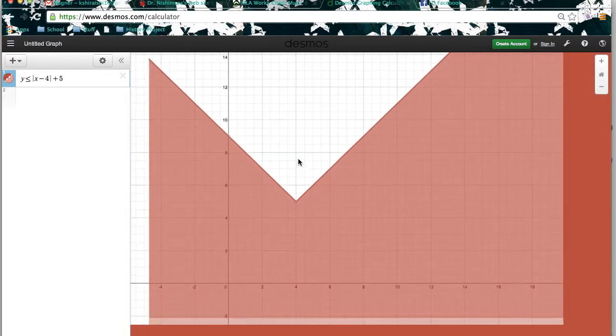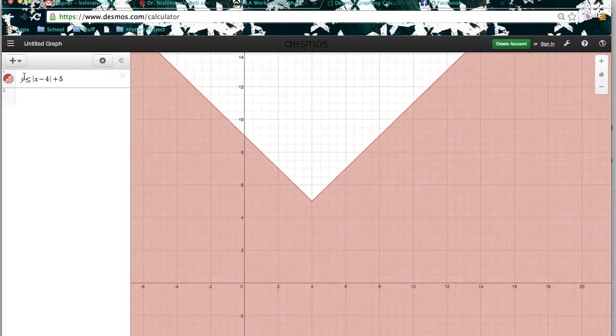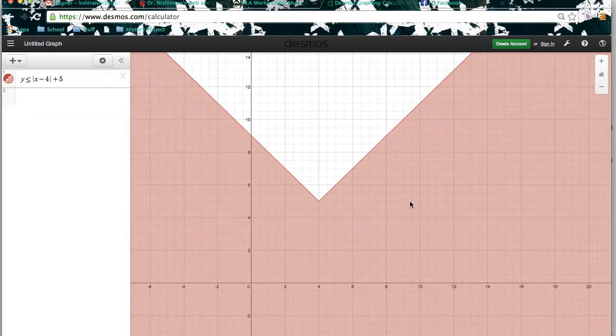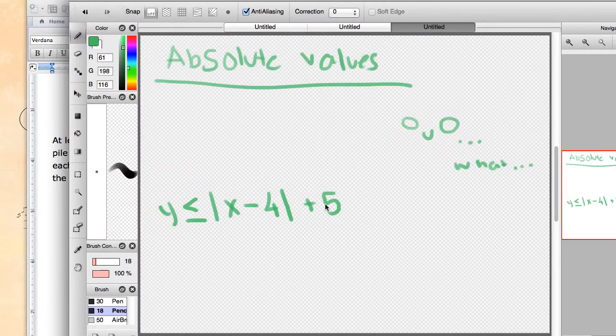And then by applying what we learned, this is the greater than or equal to sign, so we know it's going to be a solid line, and it's shaded, showing the region that satisfies the inequality. And that is one example of how to graph an absolute value inequality.